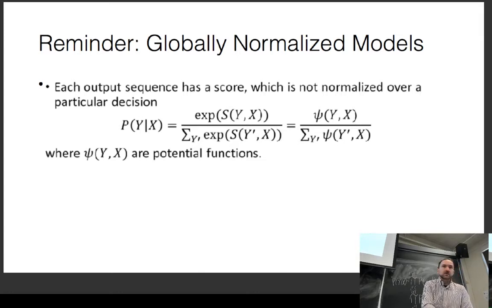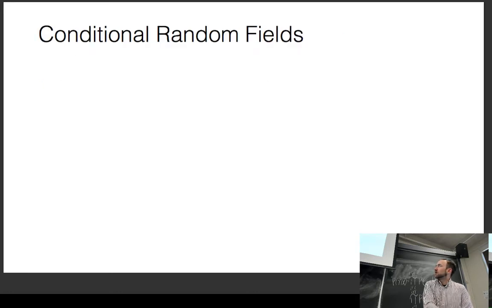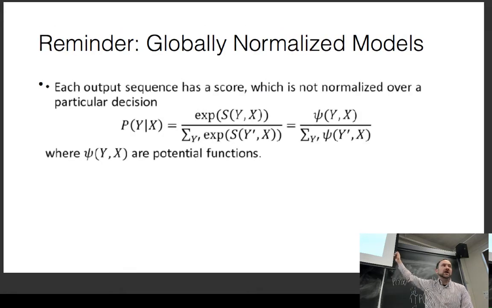So this is good. We talked about these before and explained some reasons why these are better from the point of view of exposure bias or label bias than other models that we could use. But of course, the problem here is that we can't calculate this denominator exactly.